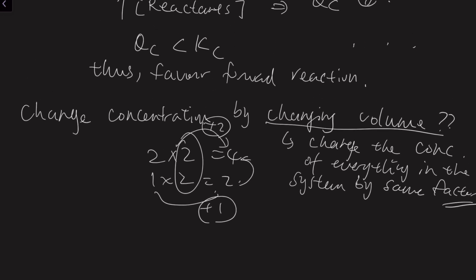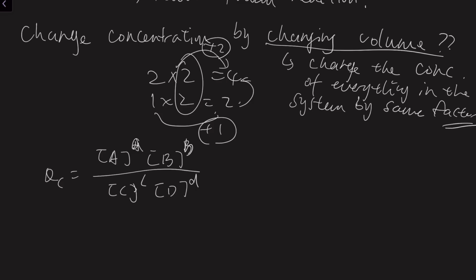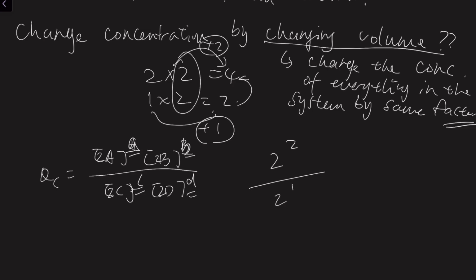And this really depends on the specific reaction. So you have A to the a, B to the b, C to the c. If you have this scenario, and then you double everything by half the value, then whether QC increases or decreases really depends on the magnitude of a, b, c, and d, the magnitude of the exponent. So if you are raising maybe 2 to the power of 2, and dividing by 2 to the power of 1, you are increasing QC.